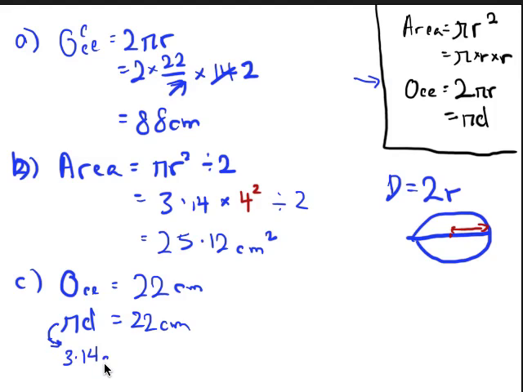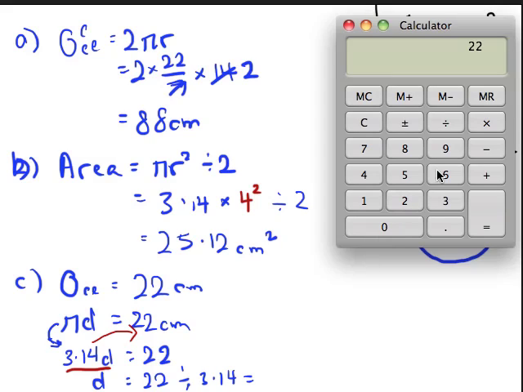So let's use our knowledge of algebra. If 3.14d equals 22, what is your d? It's simply 22 divided by 3.14. And why do you divide it by 3.14? Because 3.14d is actually 3.14 times d. So when you bring it over to the other side, it becomes divided by 3.14. 22 divided by 3.14 will give you the answer of 7.0063.